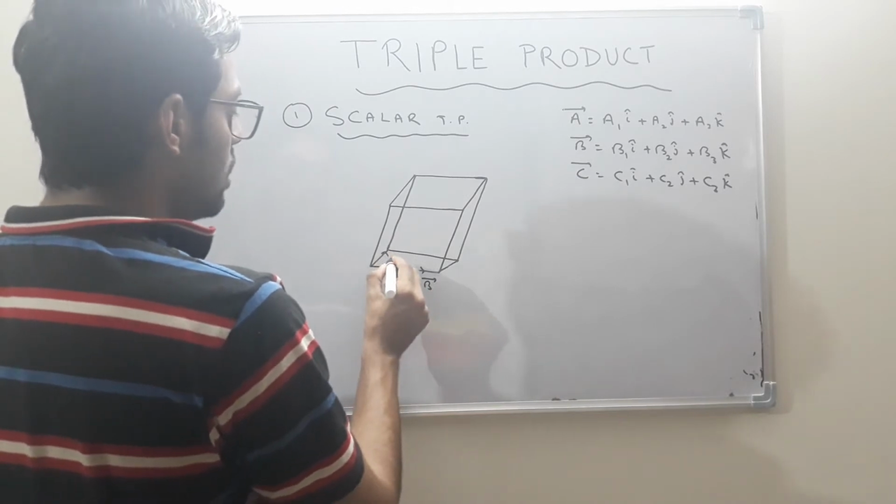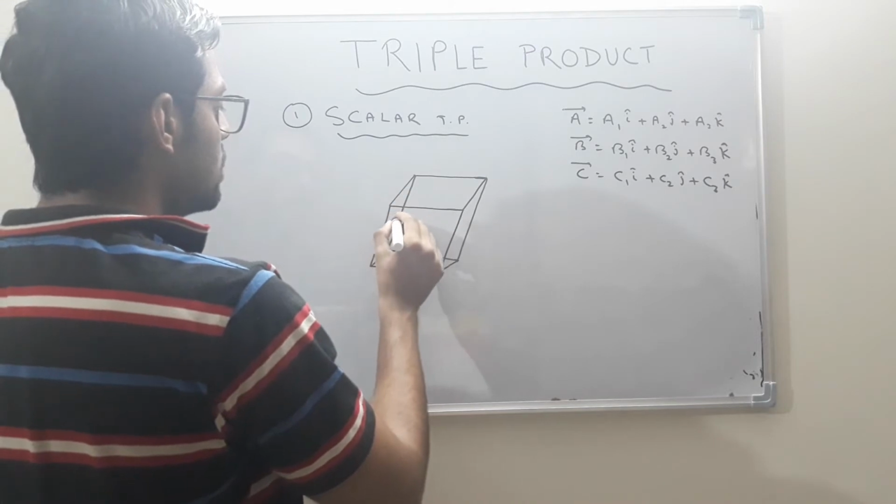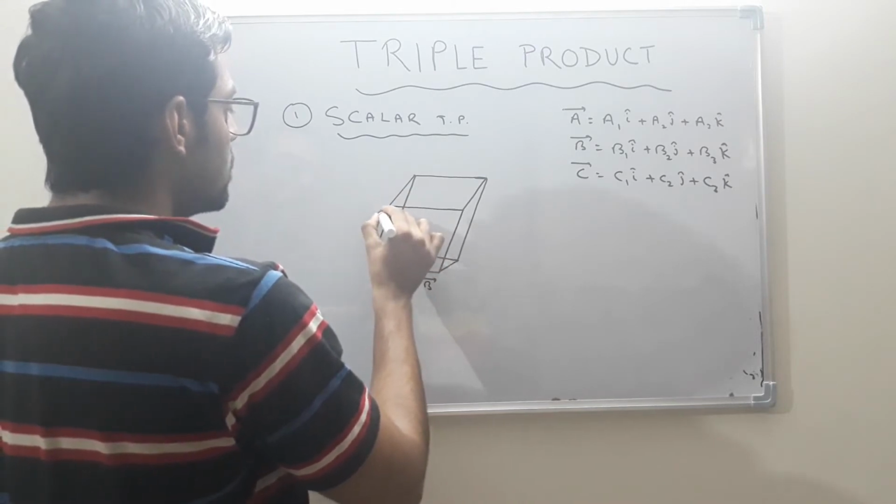Suppose this segment represents the C vector and this side represents the A vector.